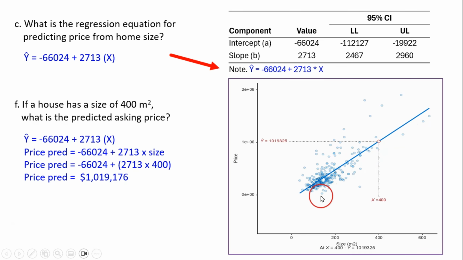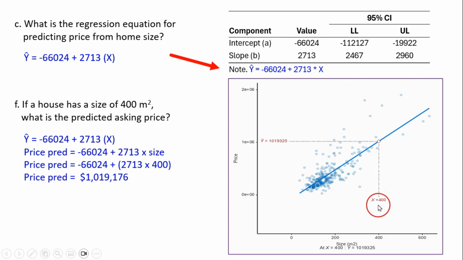So any value that you plug in down here, the predicted value that you get will be a value that corresponds to being on that line.